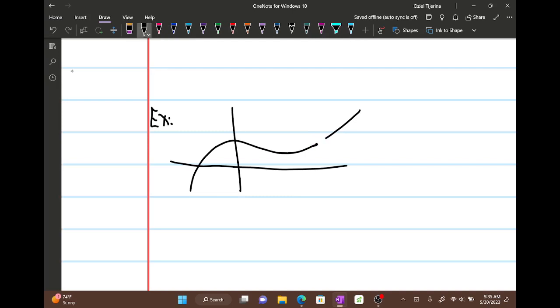Hold on. Let me fix it here. So like that. Let's say there's something like that. And let's say that this point, we want to call it A, and this curve here, let's just hypothetically do that. Hold on guys, let me do it this way. I think that'll be better.